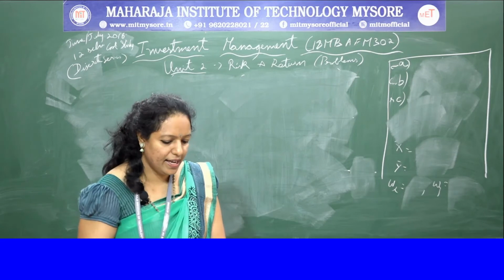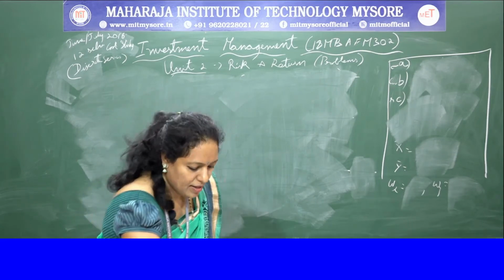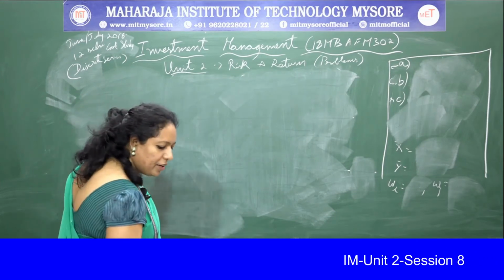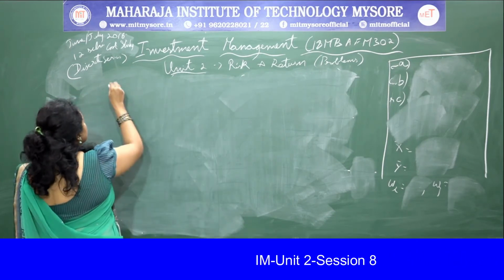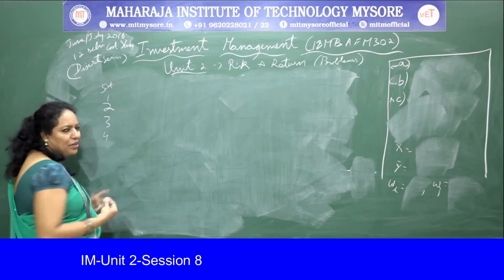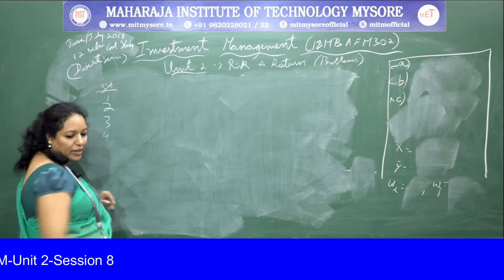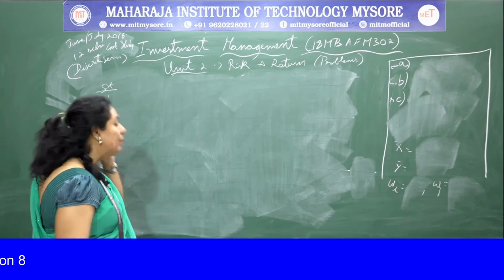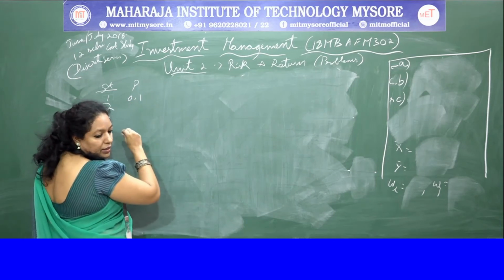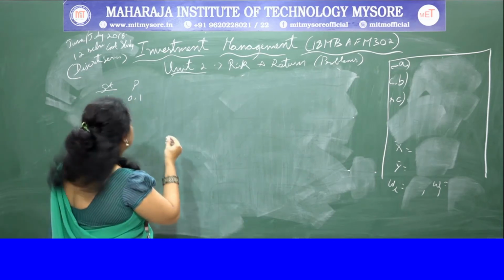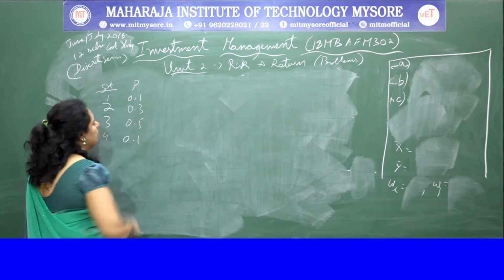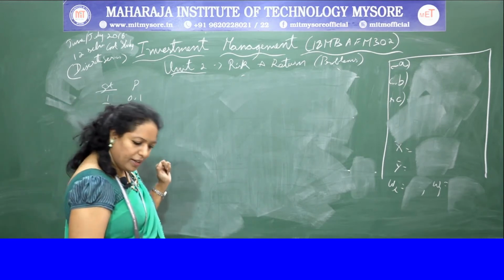Okay, so let's see the answers for it. Write the question. So here, portfolio, state of returns: they have given states 1, 2, 3, 4. That's not that important. Then they have given the probability. So we'll write the probabilities 0.1, 0.3, 0.5 and 0.1.